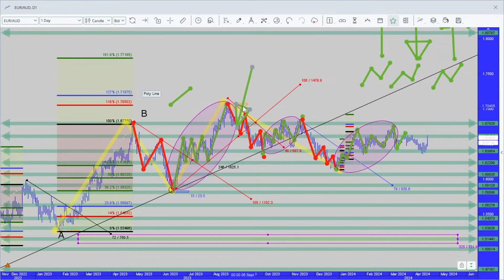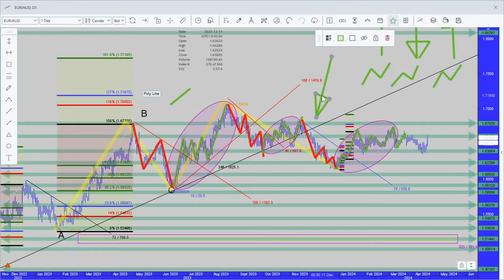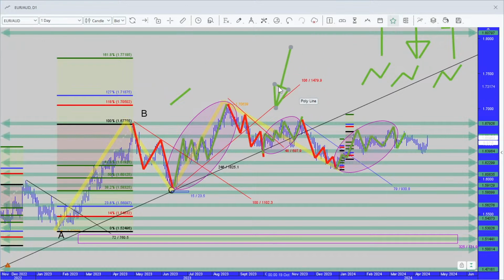We tend to freak out. I'm going to buy here and the market goes against me and I'm stressing out and I'm depressed and I feel bad about myself. But the safeguard is the stop loss goes below the A.